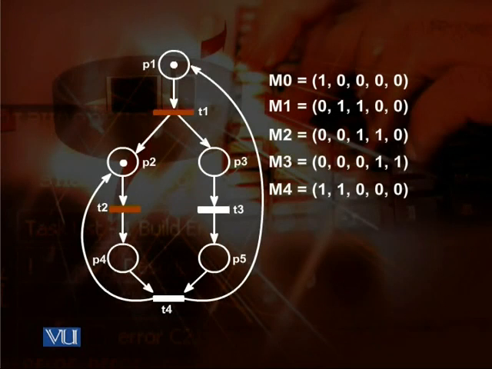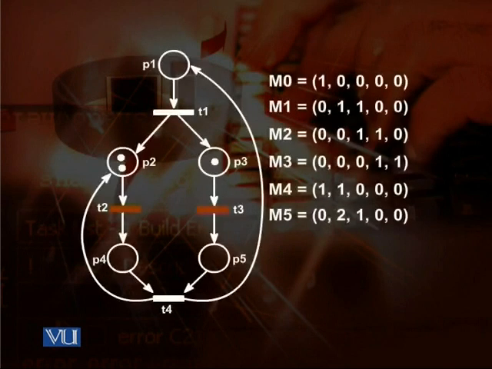But now, once again, T1 is enabled, and as we can also see, T2 is also enabled. But let us fire T1 and then see what happens. When we fire T1, it will take this one token from P1 and a token will be deposited in P2 as well as P3.